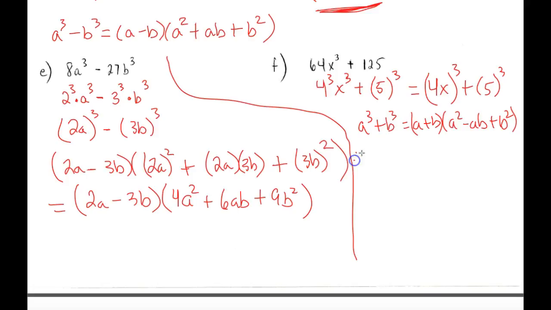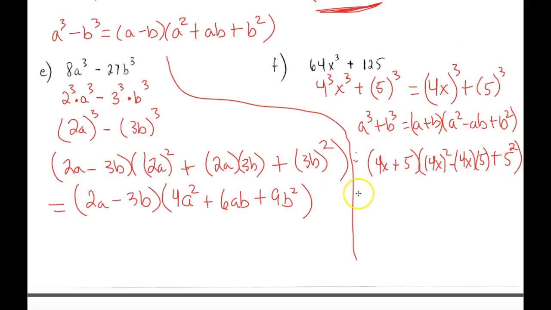And so therefore, in using that, we would say that this is going to be 4x plus 5 times a, 4x quantity squared minus 4x times 5, and then that will be a plus b squared, of course, which will just be 5 squared there.